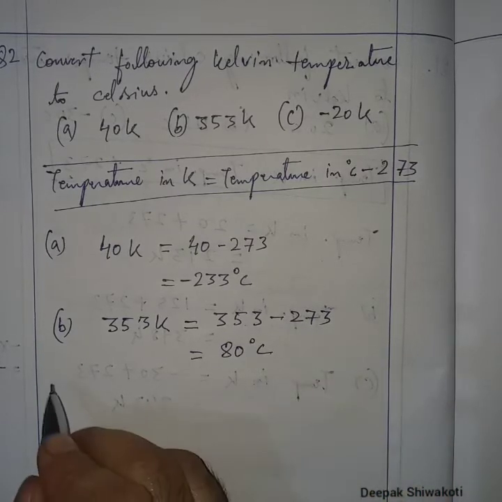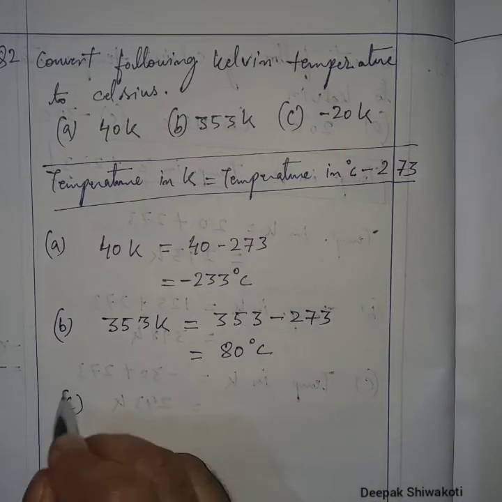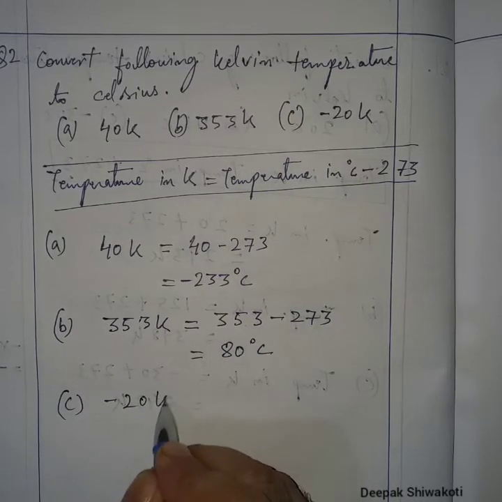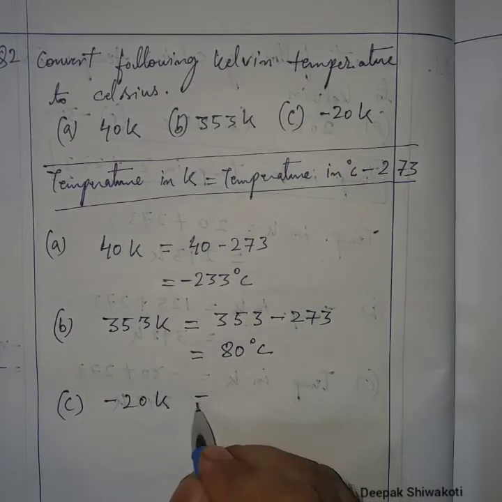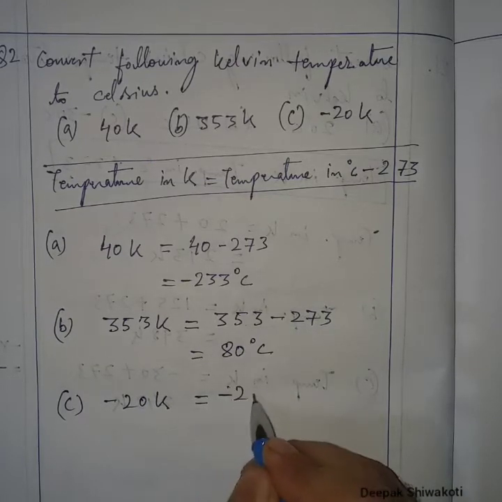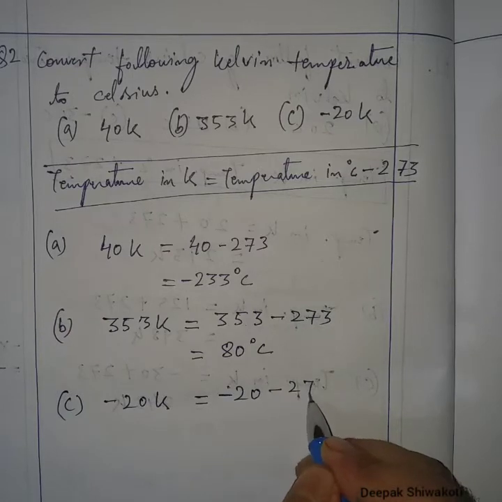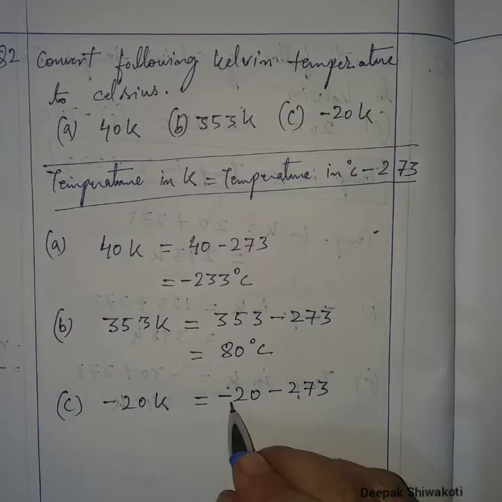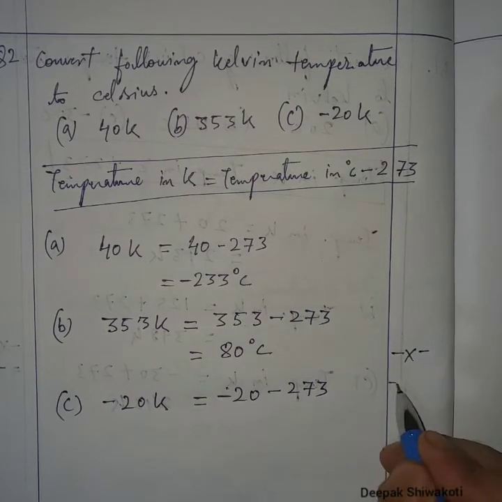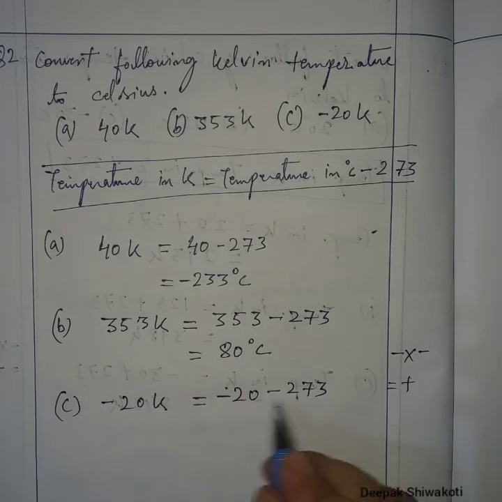Similarly C number is minus 20 Kelvin. To convert it to degree centigrade, we have to subtract 273. So here both are negative numbers, minus and minus. Minus into minus is plus, that means we have to add these two, and the sign of the bigger number is minus.